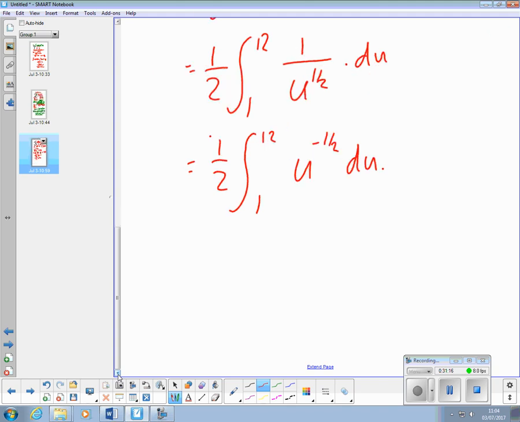Now I can integrate. So that's going to equal a half times process of integration. I've got to add 1 to that, so that'll make that a half. And divide by the new index.